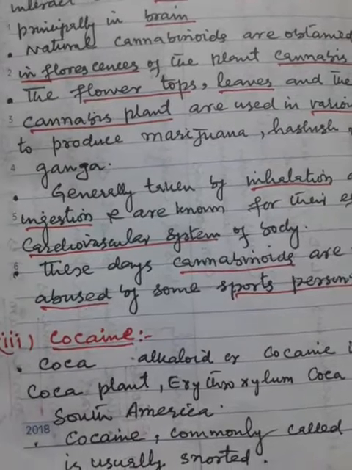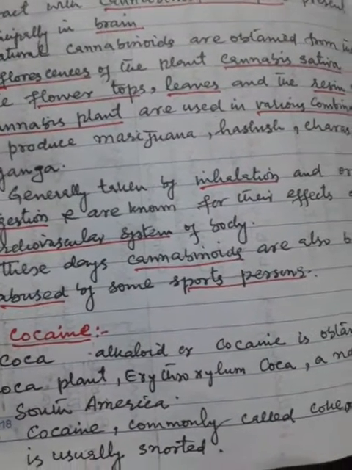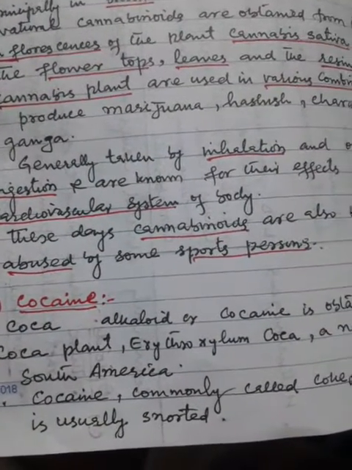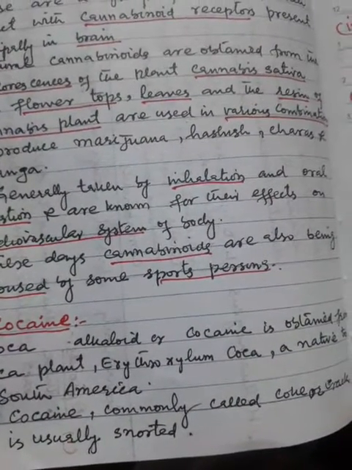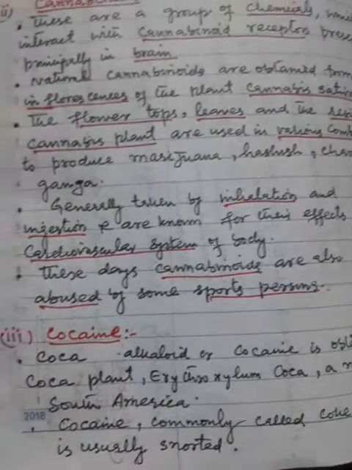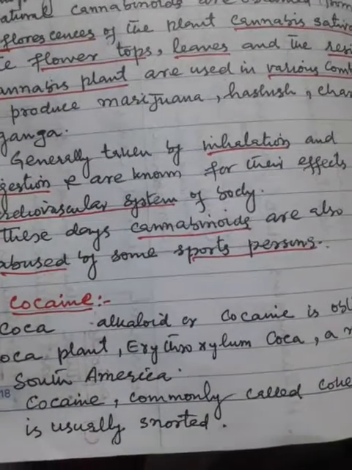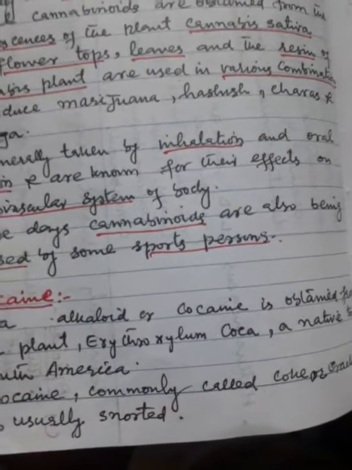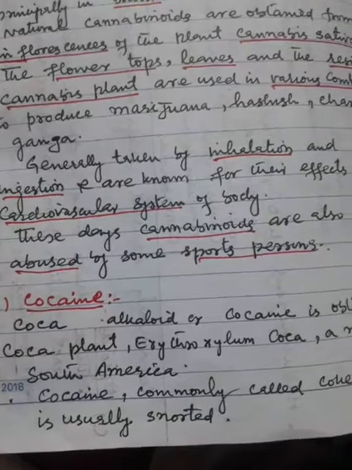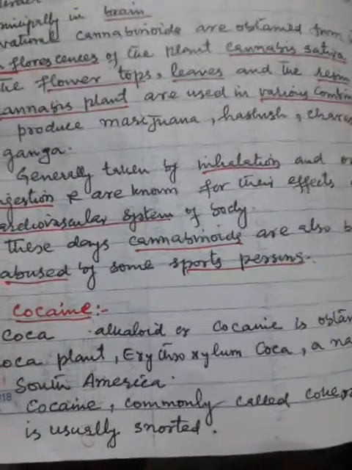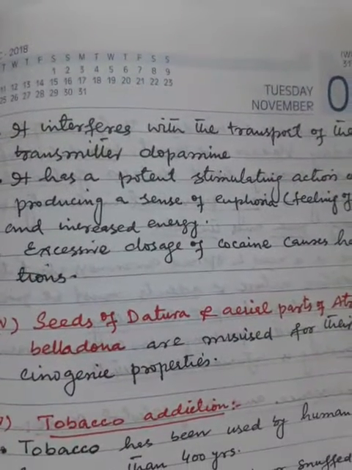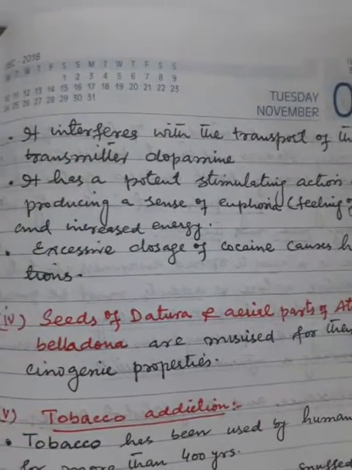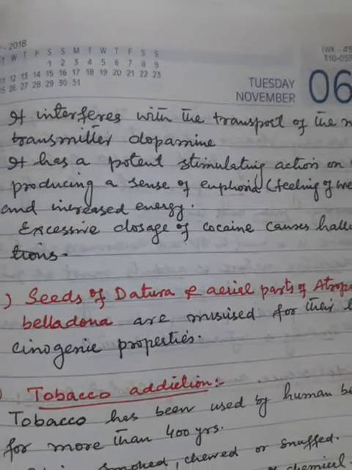Now we have cocaine. Coca alkaloid or cocaine is obtained from the coca plant, Erythroxylum coca, native to South America. Cocaine, commonly called coke or crack, is usually snorted. It interferes with the transport of the neurotransmitter dopamine.